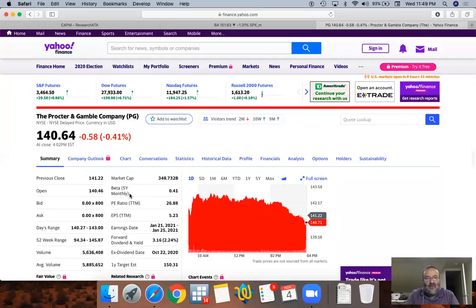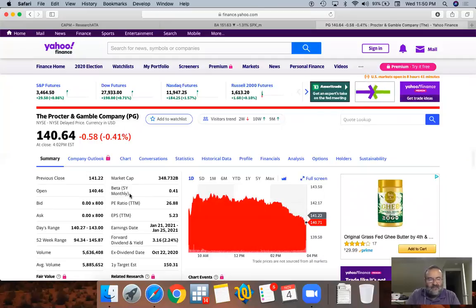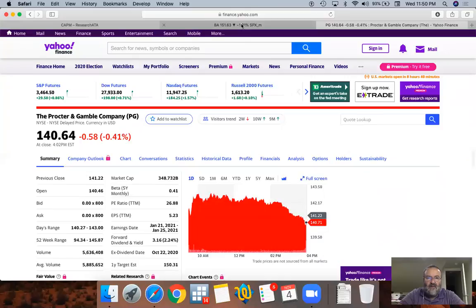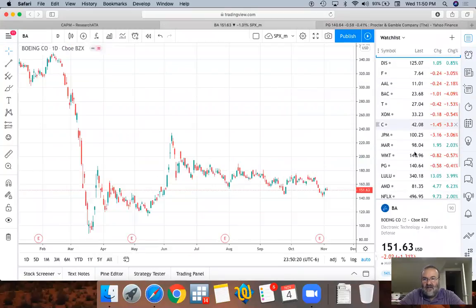So in this case, Procter & Gamble has very little market risk. So I personally assume that Procter & Gamble would have more of a corporate risk, idiosyncratic risk, a risk that's specific to the company. And that's actually much, much harder to measure. So let's focus on what's easier for the time being.